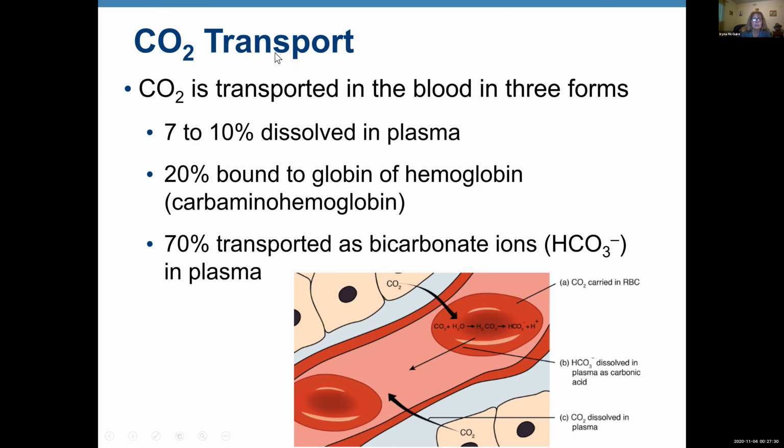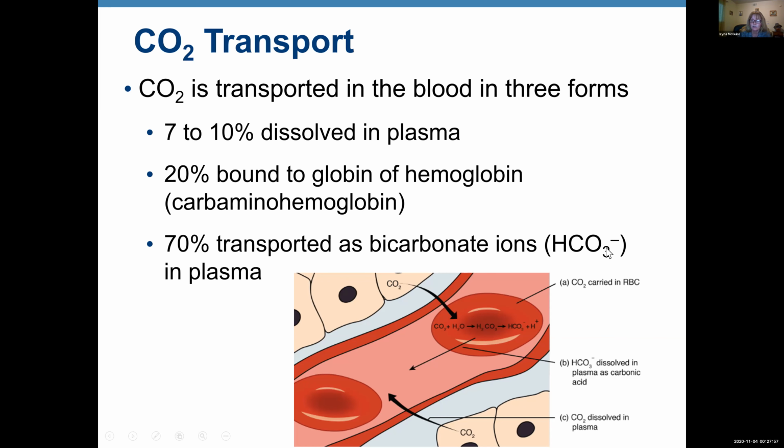Now carbon dioxide transport. Carbon dioxide is transported in the blood in three forms. 7 to 10% is dissolved in plasma, 20% is bound to hemoglobin, but not to the heme group, but to the globin, forming carbaminohemoglobin. And most of the carbon dioxide, 70%, is transported as bicarbonate ions.